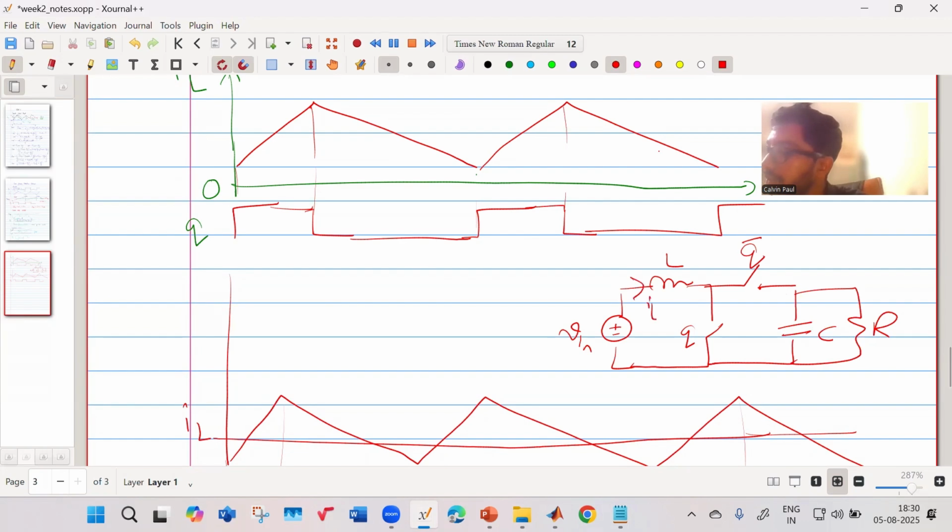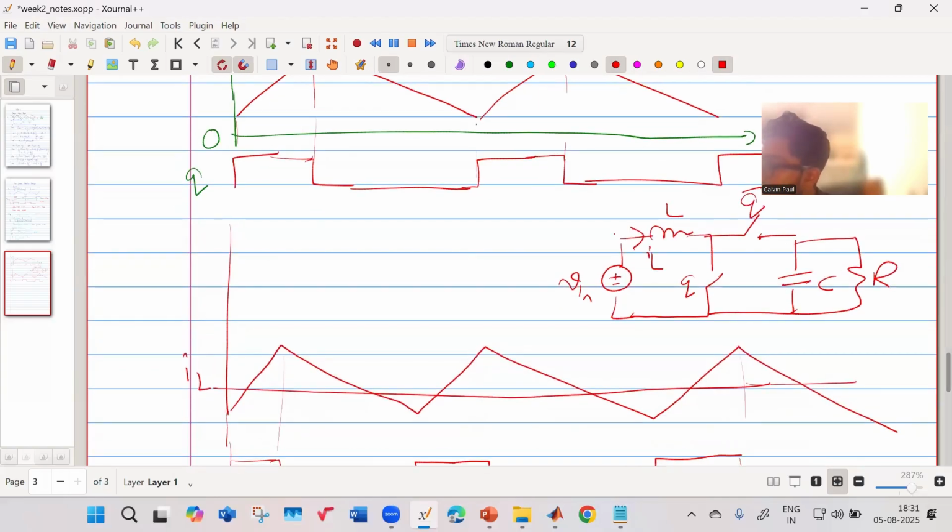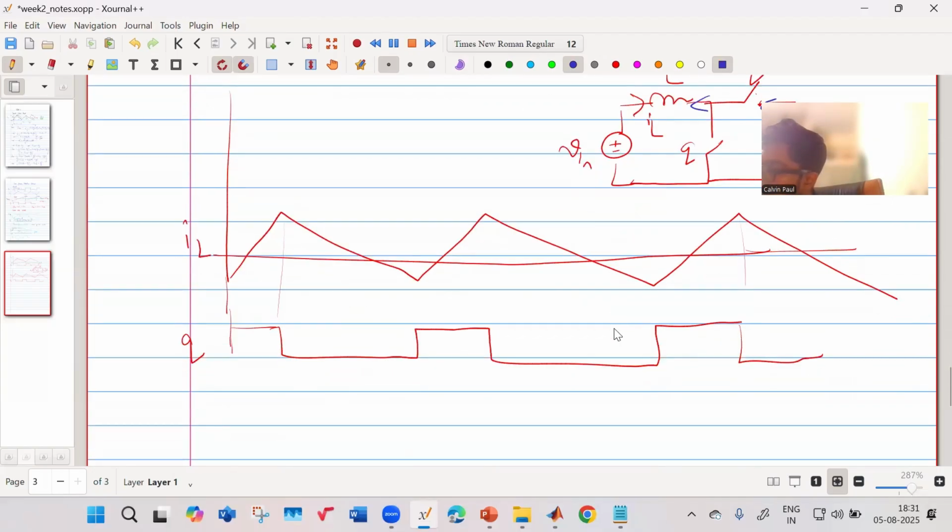Okay, so this is your IL. So in some cases, when your Q bar is on, this current actually is becoming negative. It is flowing like this. So current is flowing like this. This happens in this case, in this time, when your current actually is negative.